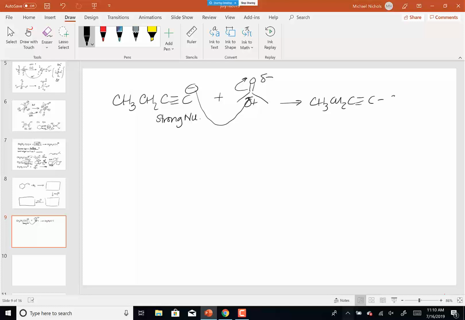So I'm going to form my carbon-carbon bond. And I'm going to have my O with my 3 lone pairs now, which makes that negative. So I have an alkoxide ion. And that alkoxide ion, in order to get me back to neutral, what do I have to do to it? Add H2O. What dissolved in H2O?